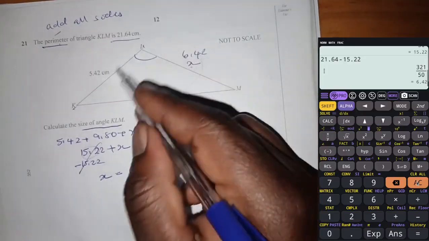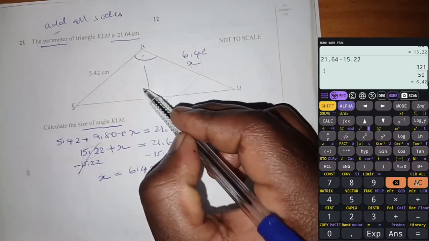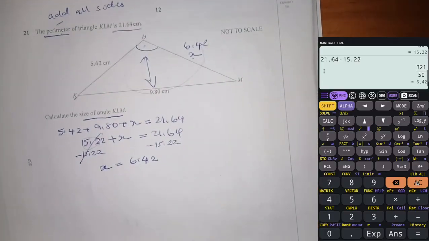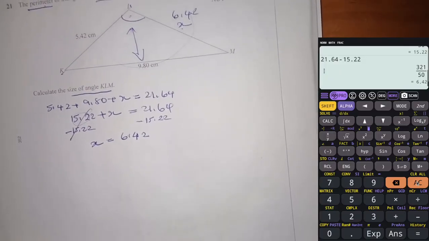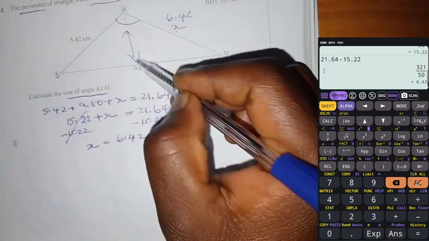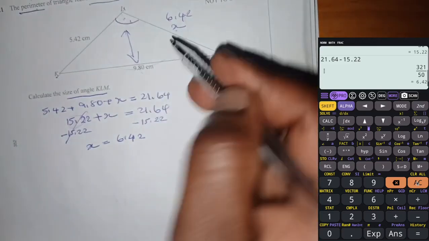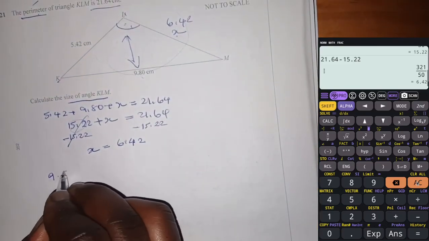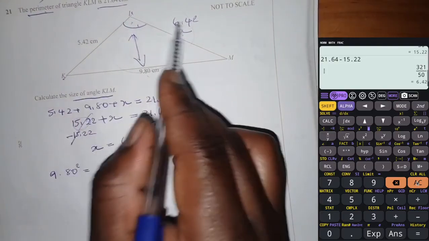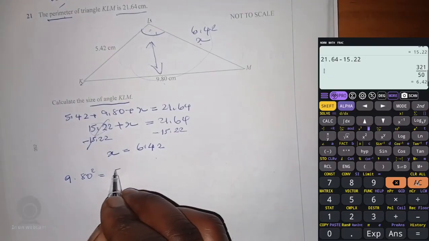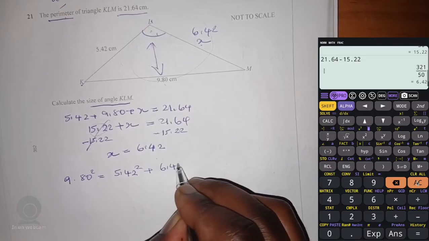Now given the three sides of a non-right angle triangle, to find an angle there, we use the cosine rule. Let's use the cosine rule. So the cosine rule will say this one, the side opposite to the angle we are looking for, squared, 9.80 squared is equals to the squares of the other two sides, 5.42 squared plus 6.42 squared.